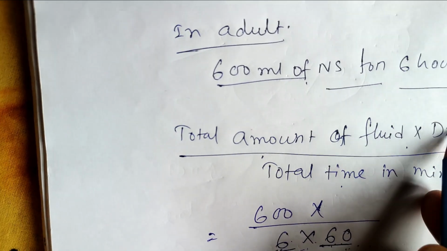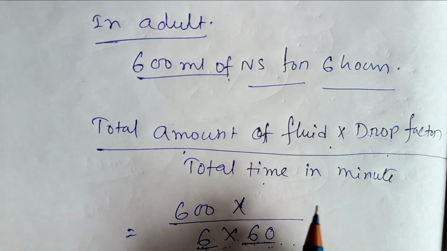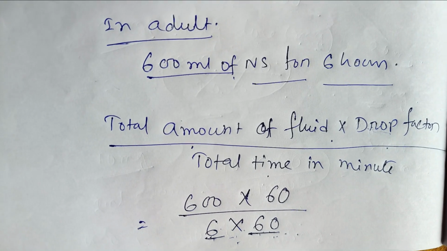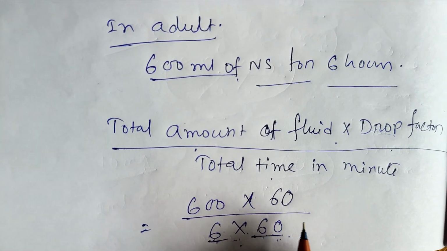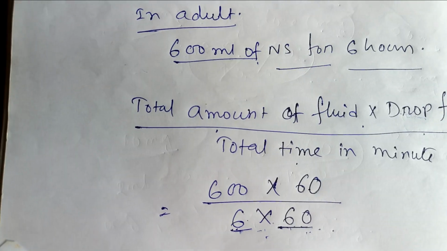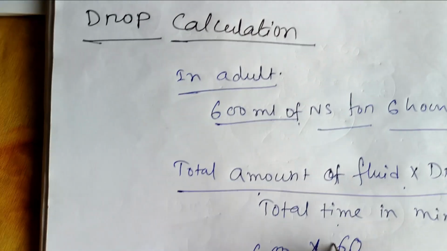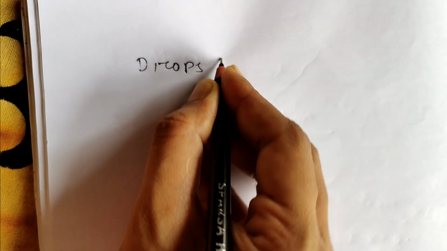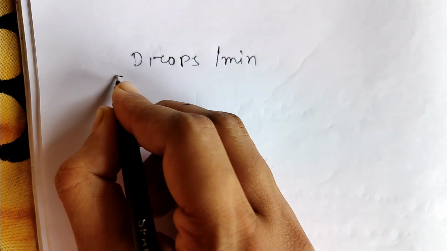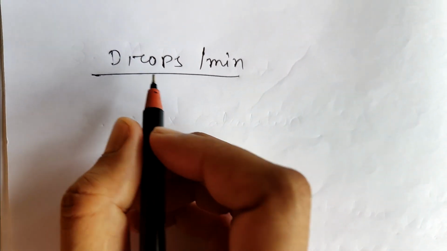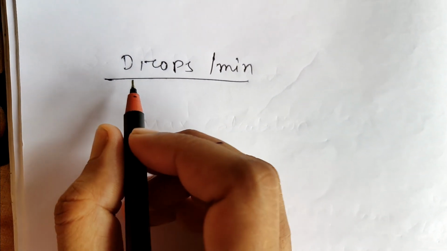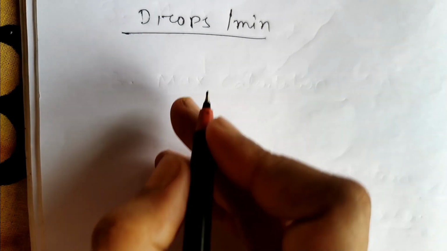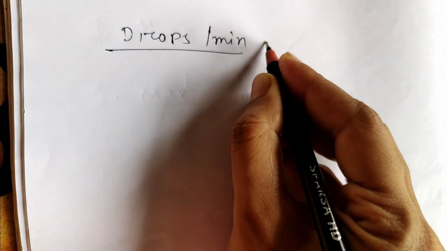And the drop factor for adult is 60. Sorry, there has to be multiplication of 20. The drop factor, drops per minute. So we have to calculate the drop.